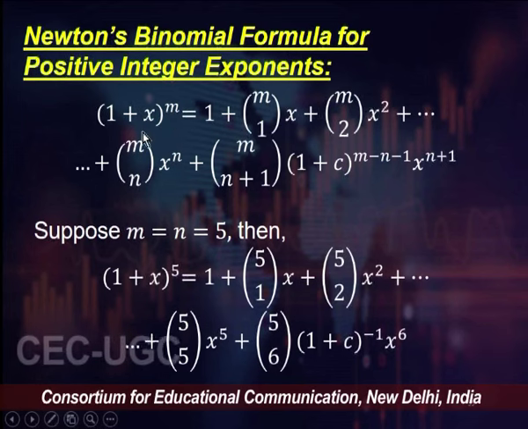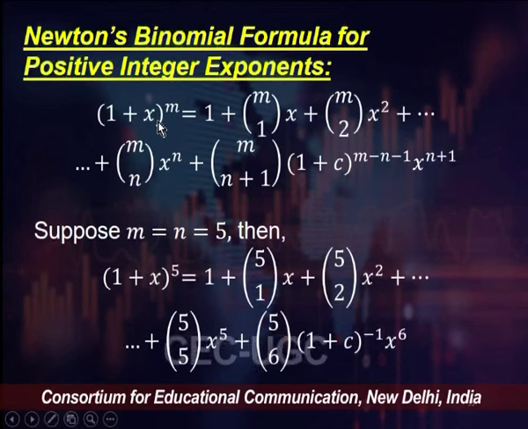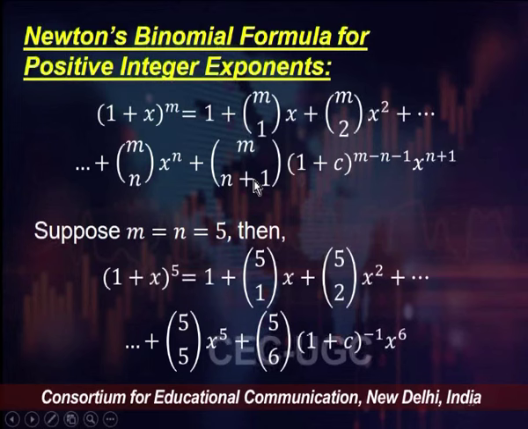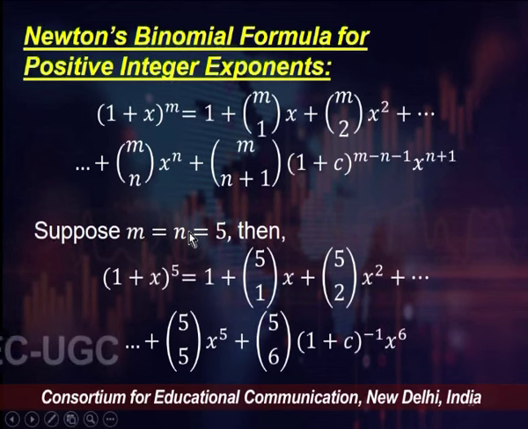So if I take the Newton's binomial formula for let's say 1 plus x to the power m, that's 1 plus mc1 times x plus mc2 x squared and so on till mcn x to the power n, and then the error. Now suppose I take m as 5, and for convenience I also take n equal to 5. Okay. Now what happens here?